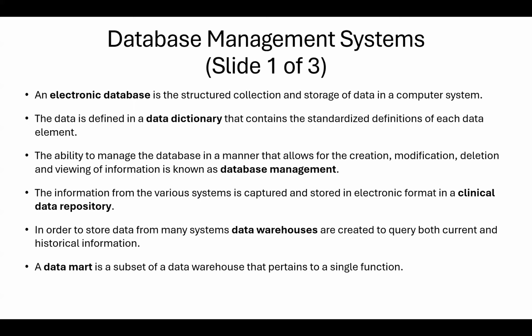But a data dictionary puts those rules in place, where you say that the date will be displayed as a 2 character month, slash, 2 character day of the month, slash, and 4 characters for the year. So that's what a data dictionary does. It puts those standardized definitions, those rules, if you will, into place.